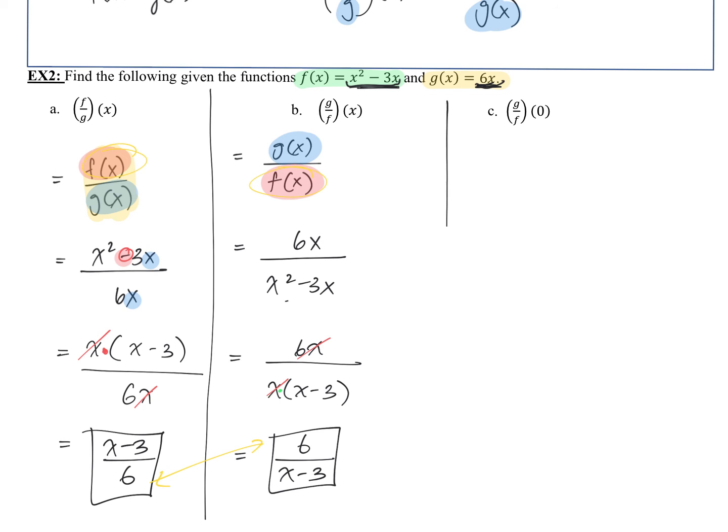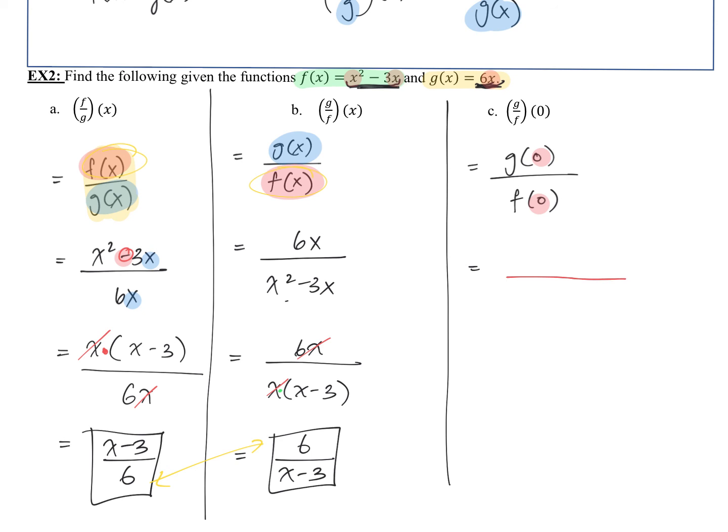Let's take a look at the last one for this example. g divided by f of 0. We can rewrite this again by definition, g of 0 divided by f of 0. So we're replacing x with 0. Wherever we see x in our functions, we're going to replace it with 0.